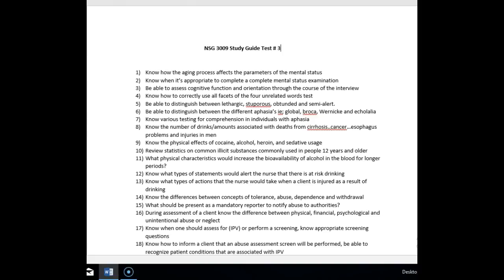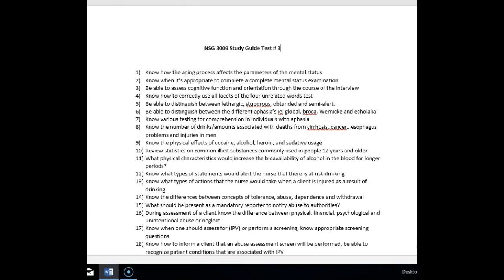So when you talk about morphine, heroin, pain pills, all of that kind of stuff that's in that family, there's slurred speech, lethargy, psychomotor retardation, inattention, impaired judgment, impaired social or occupational functioning. So those type of things.